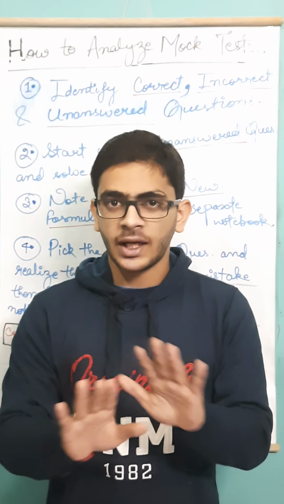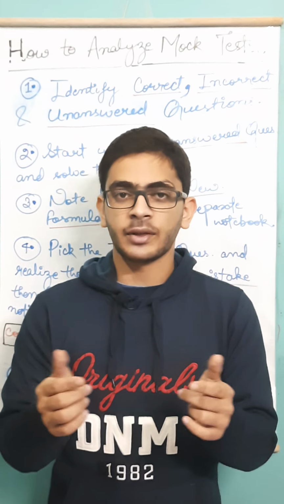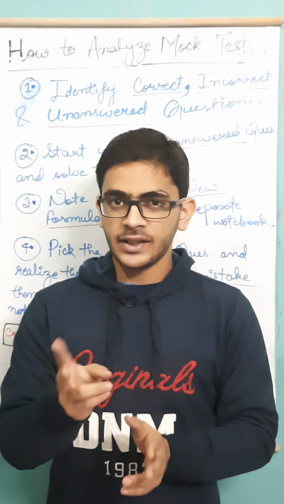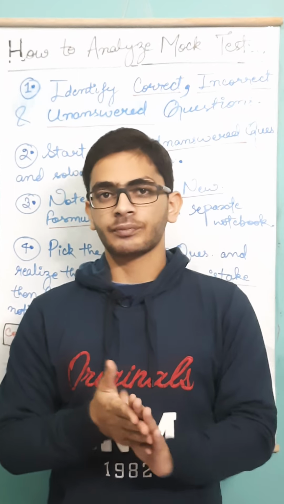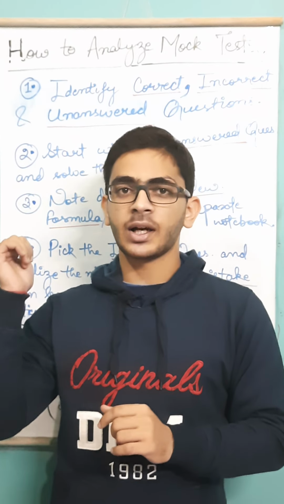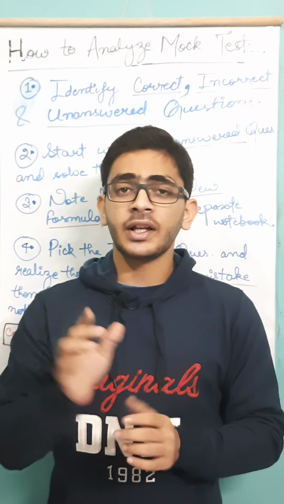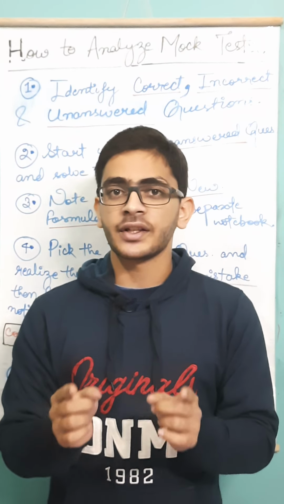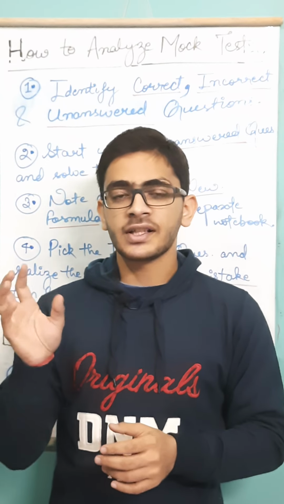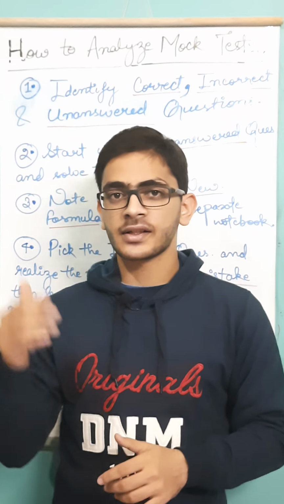Second, we don't know that particular concept. We have seen that question for the very first time. So these two may be the reasons. Just pick out the unanswered questions and start solving them again, only the ones in which you had a time constraint. The ones with new concepts, we will discuss how to solve them.